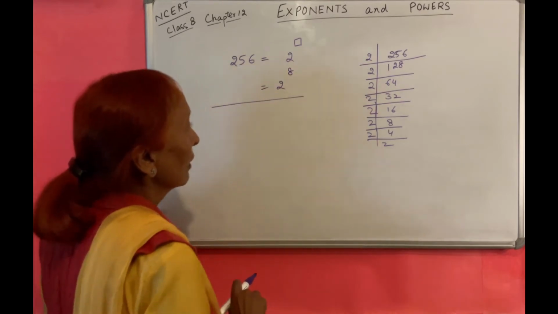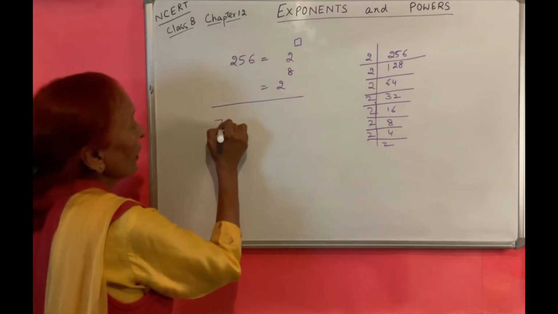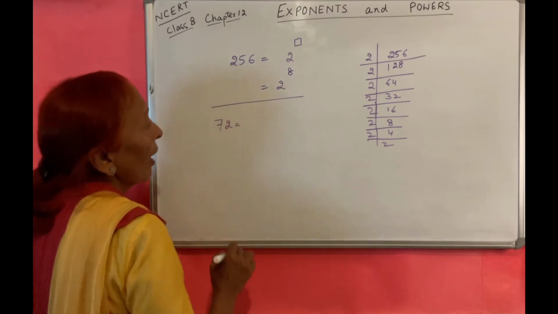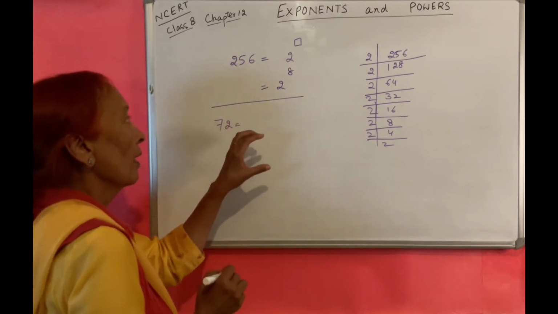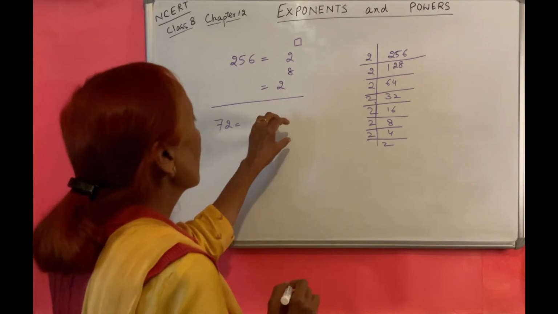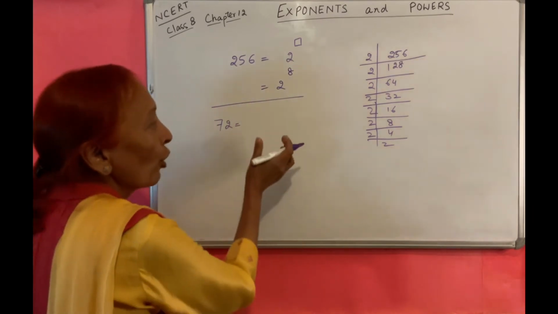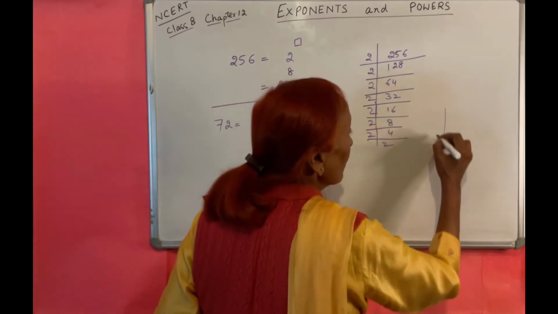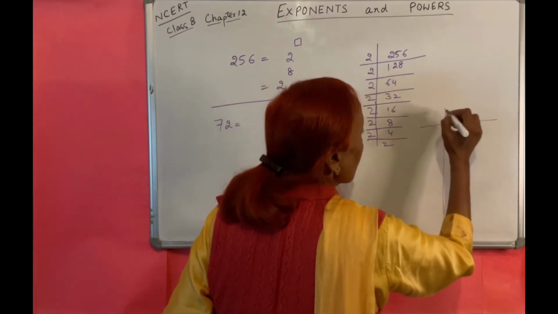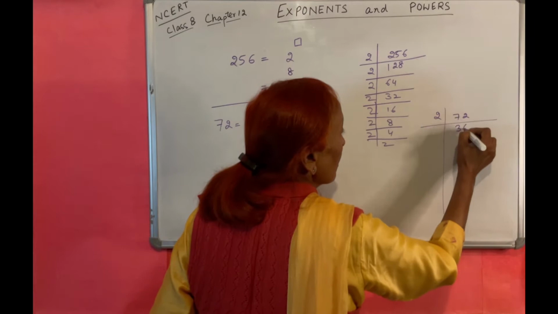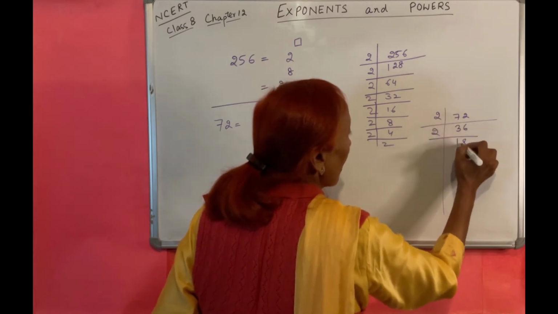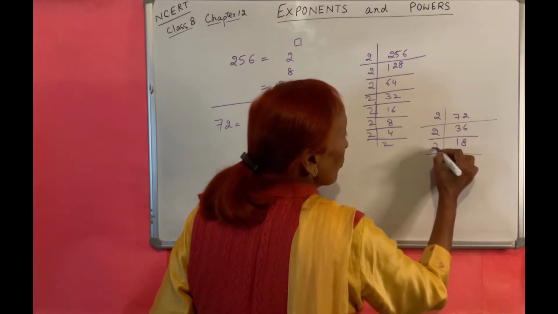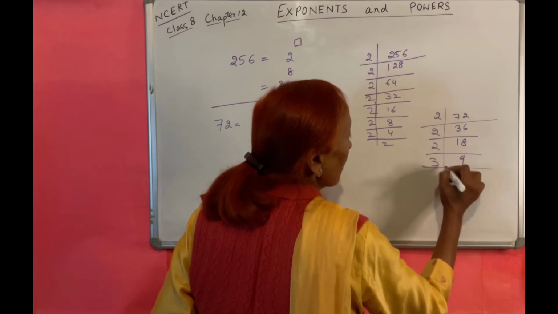Right? And suppose I am to write this number 72 as a product of powers of prime numbers. That means we will prime factorize this. This is 36, 2, 18, now 2 9s are, then 3 3s are.